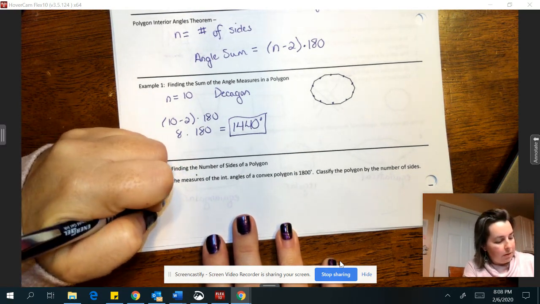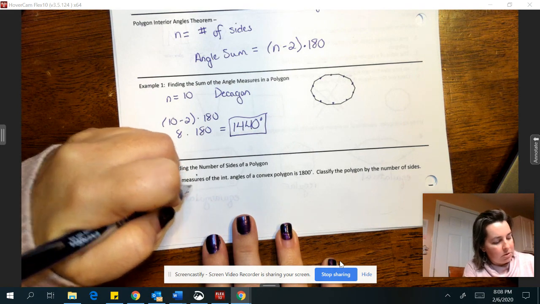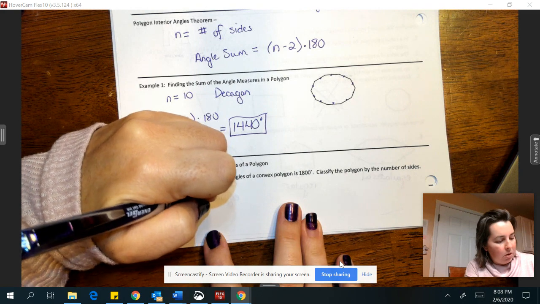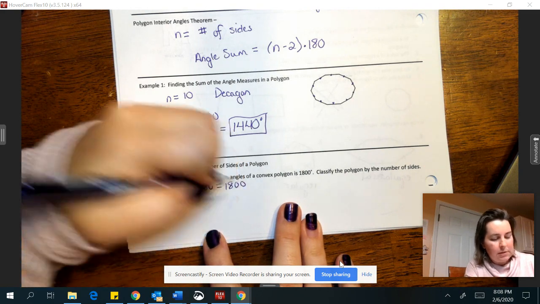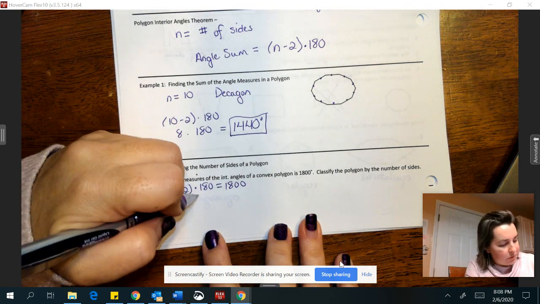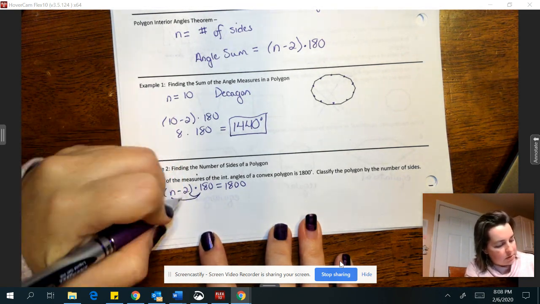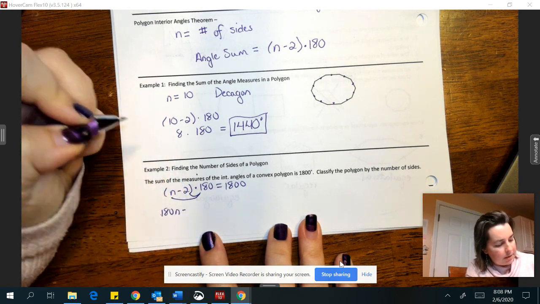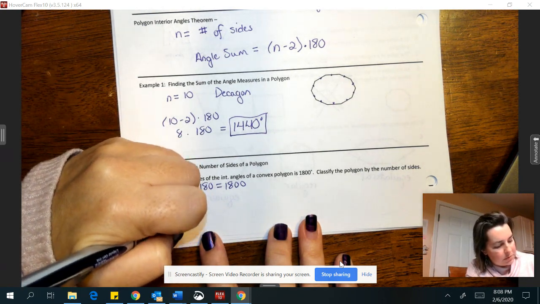So you would put the formula that we just learned, n minus 2 times 180, and we want to know when it equals 1,800. Okay, so to solve this, I would distribute the 180 first. So we get 180n minus 2 times 180, which is 360.